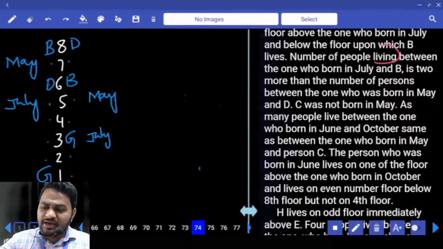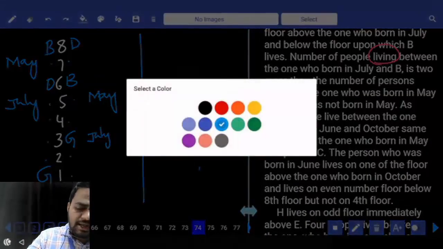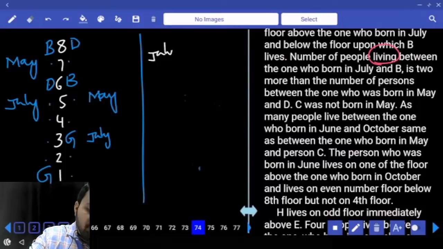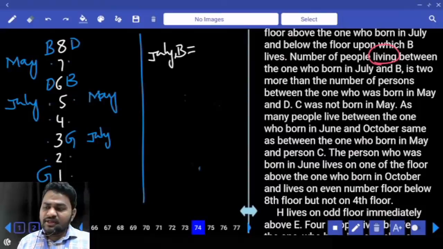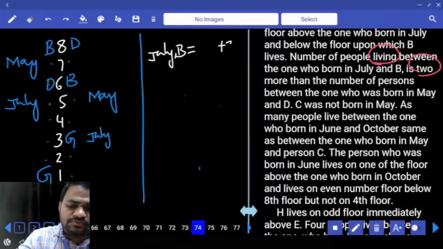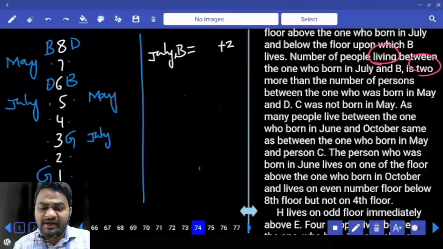Number of people living between July and B. Let me have clarity over this one. That is the number of floors, the number of people living between July and B. Whatever that number is, it is plus 2 than the number of persons between the one who was born in May and D.